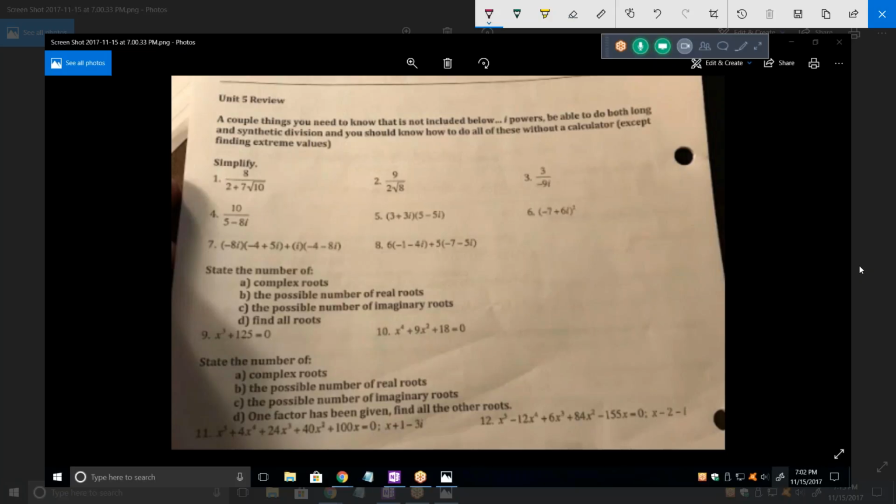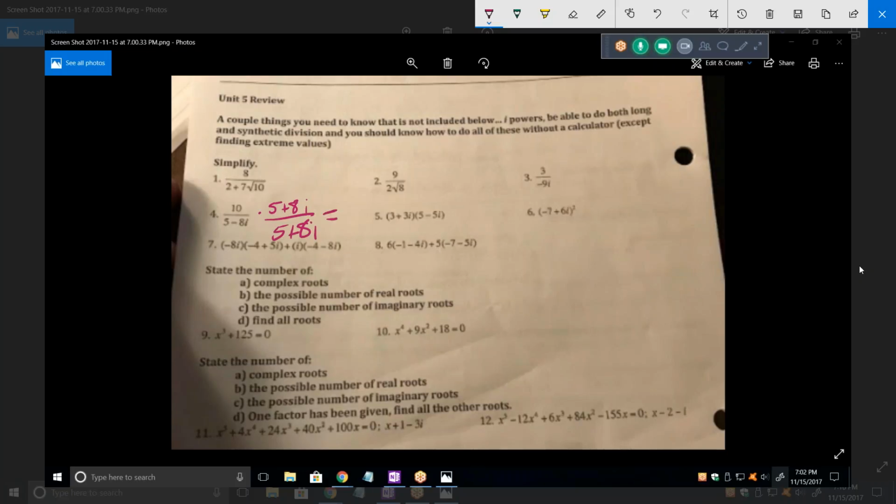Whenever you have something in A plus Bi format, and A and B are both integers, they're not 0, then you do have to multiply by the conjugate. So what am I going to multiply by? 5 plus 8i over 5 plus 8i.